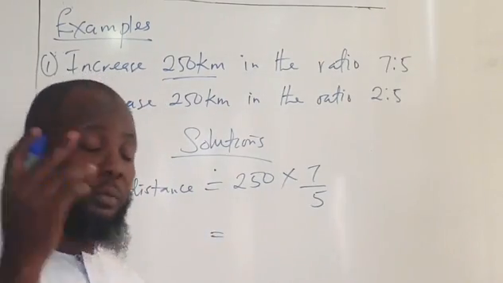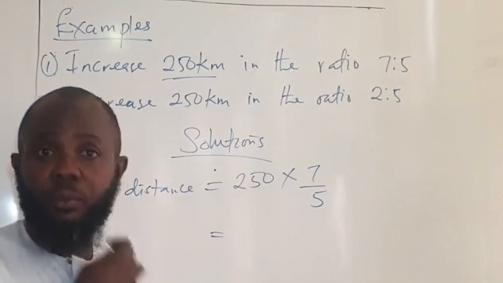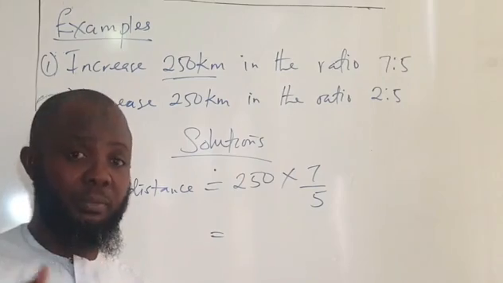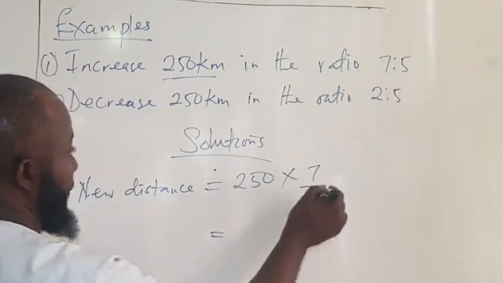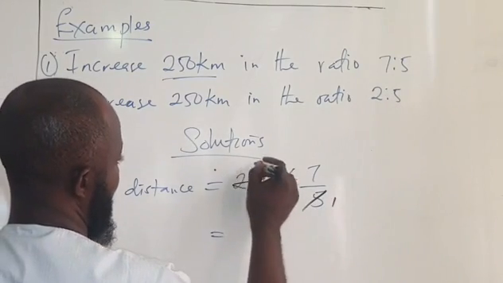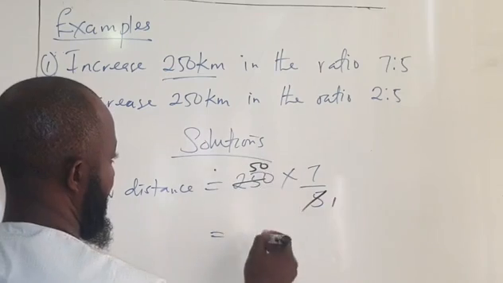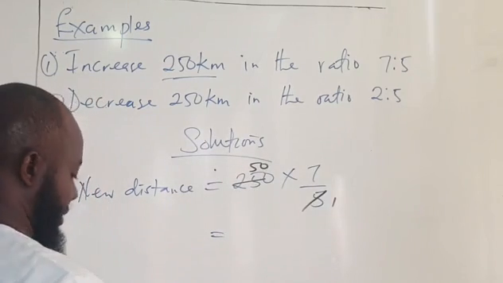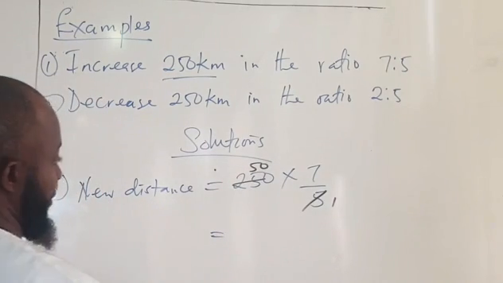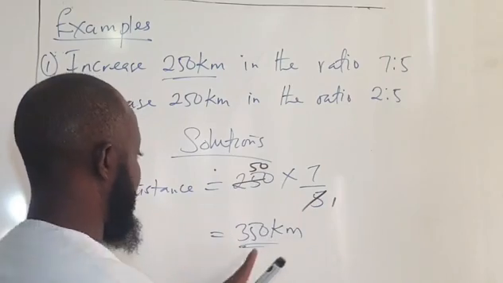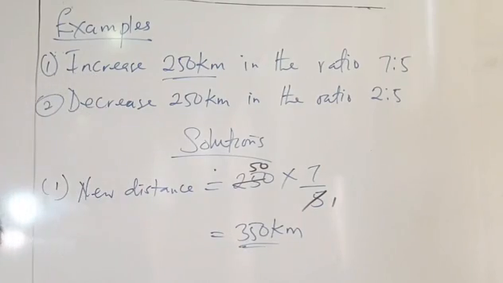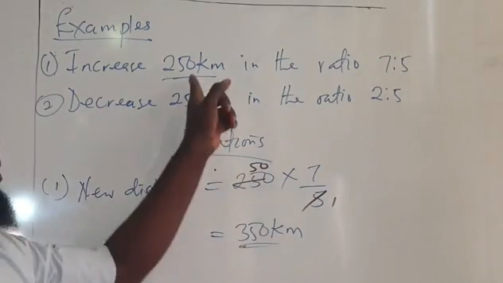From the beginning of this topic, we talked about ratio as simply a fraction. 7 over 5. So 5 into 250 gives 50, and 50 times 7 gives us 350 kilometers. You can see the value we got here is more than the initial value.